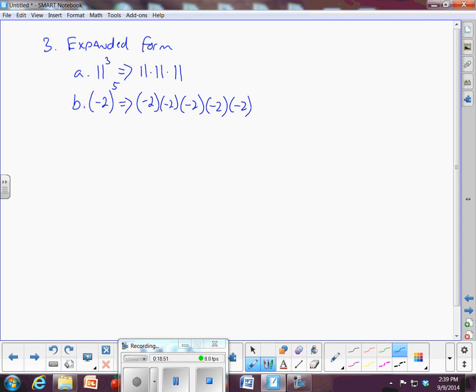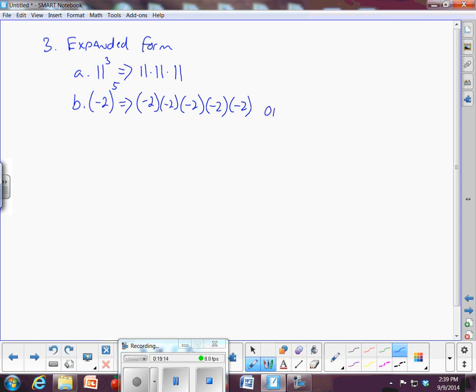Negative 2 times itself 5 times. But notice we have a negative base right here, and we have an odd exponent right there, and a negative base with an odd exponent means that we're going to have a negative product.